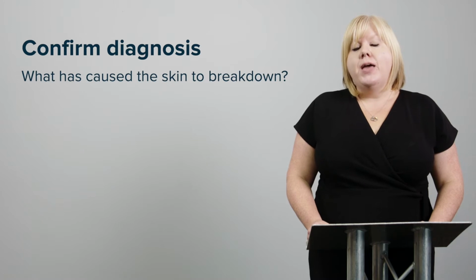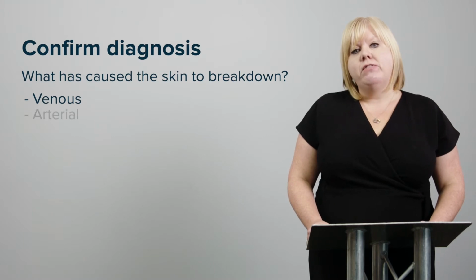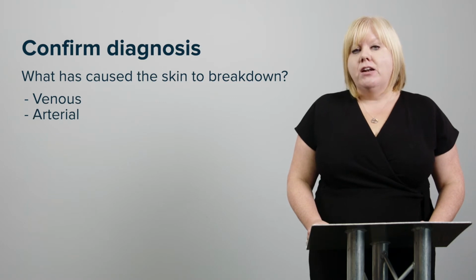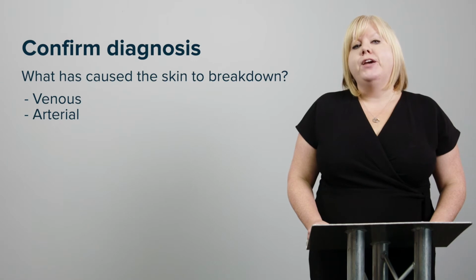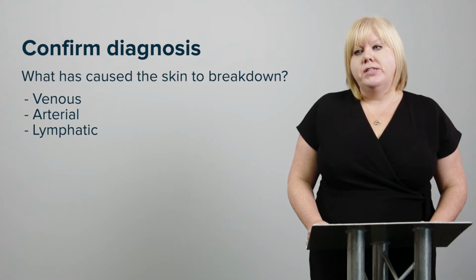So if you have a patient that's got venous ulceration, they need strong compression. If you've got a patient with an arterial ulcer, they need referral to vascular services and revascularisation. If you have a patient that's got significant edema or lymphedema, we need targeted strategies to be able to reduce edema and improve that lymphatic return.